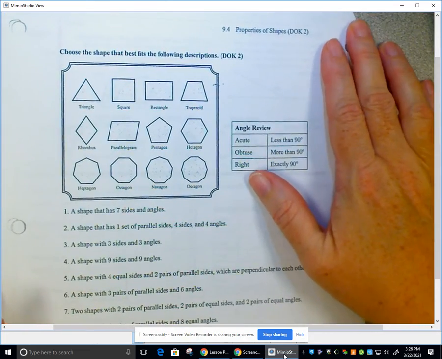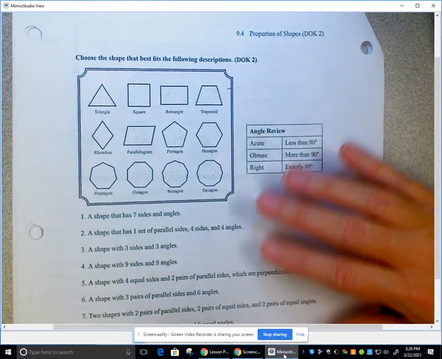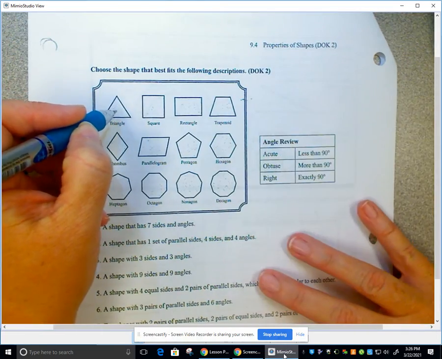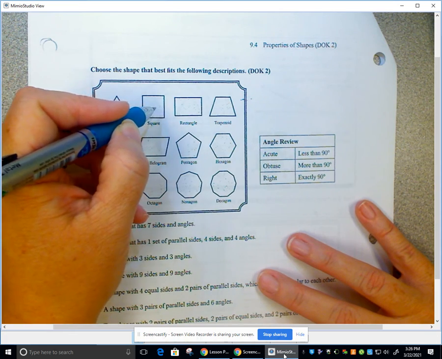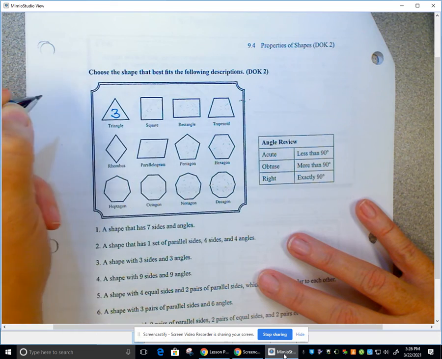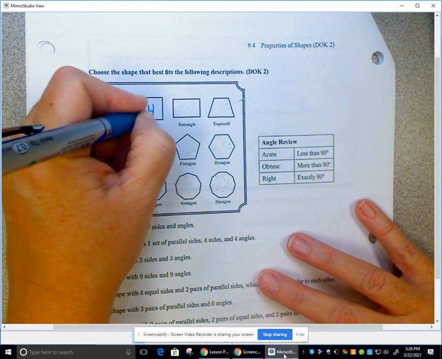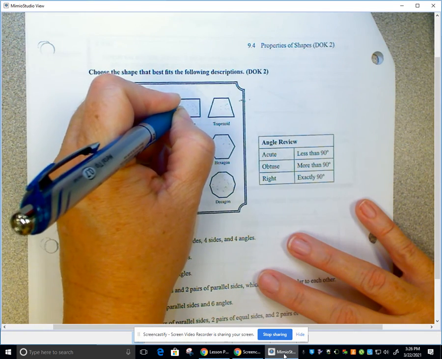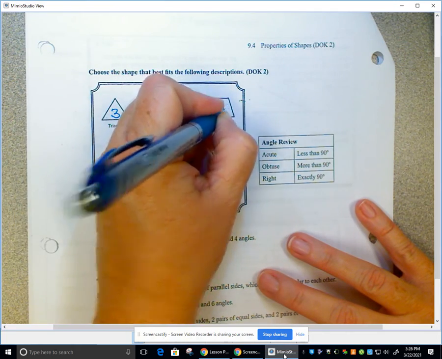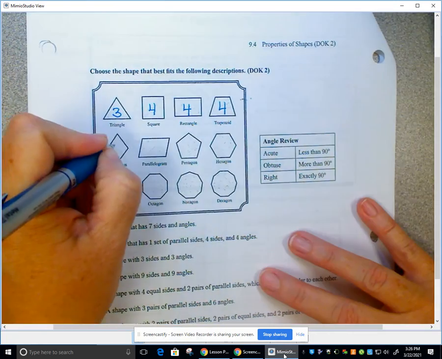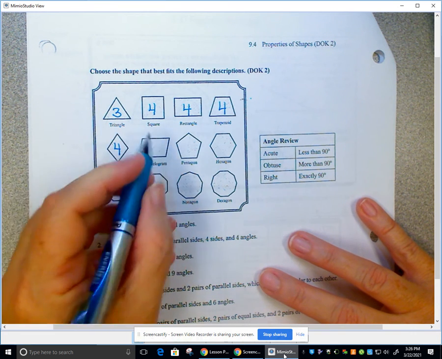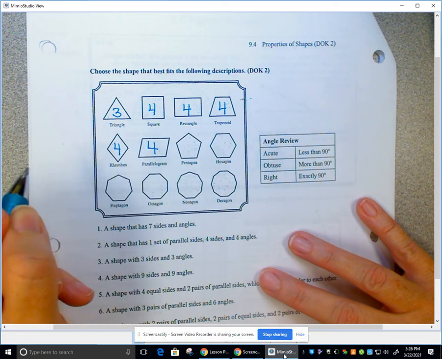We're going to talk now. We'll get back on our polygons. It's probably a good idea to go ahead and write the number of sides and angles each one has. We know a triangle has 3, a square has 4, a rectangle has 4, a trapezoid has 4, a rhombus has 4, a parallelogram has 4.